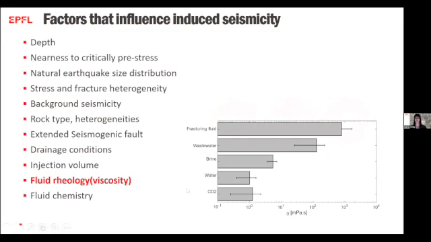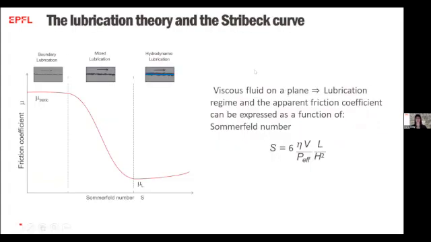On the diagram on the right, you can see the different types of viscosity we can encounter in the crust, going from very low viscosity of 10⁻¹ when dealing with CO2 up to 10⁻³ when we deal with fracturing fluids, and in particular when we have proppants. So when we have viscous fluid on a fault plane, this can be explained by what we call the lubrication theory or the elastohydrodynamic theory.